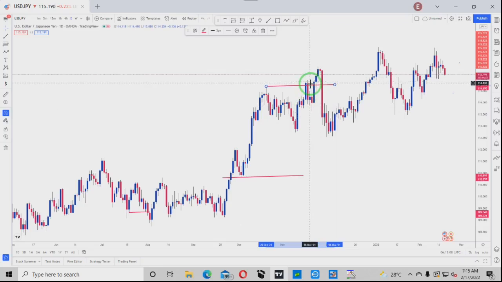Price has broken this structure here. Can you see? I told you earlier on that even if your candle body closes with only one pip above a candle wick, it is still a valid break of structure. Take a look at it. This candle broke this structure high here to form a new higher high. So this is our new higher high. Can you see that? Because there is a break of structure here. All right? Now, you move your horizontal line.